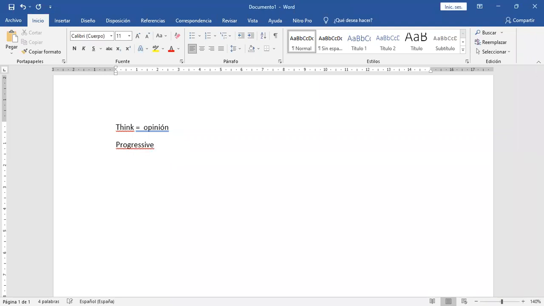The progressive of think: if you use think in a progressive as a non-stative verb, it is for plan or consider facts carefully. Be quiet, I'm thinking.